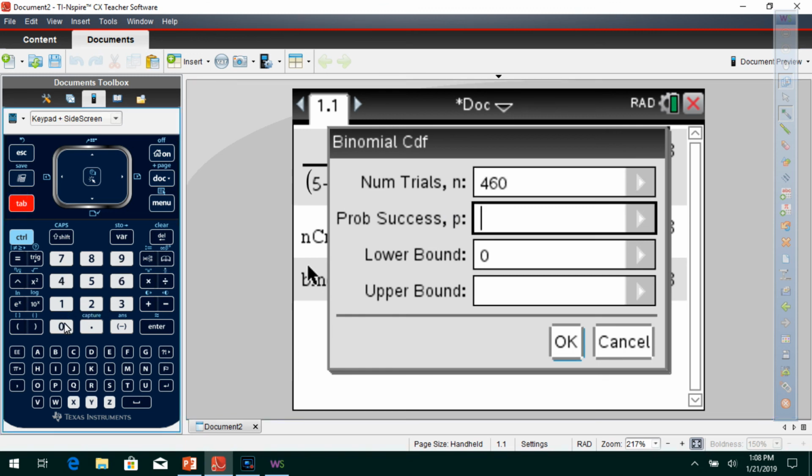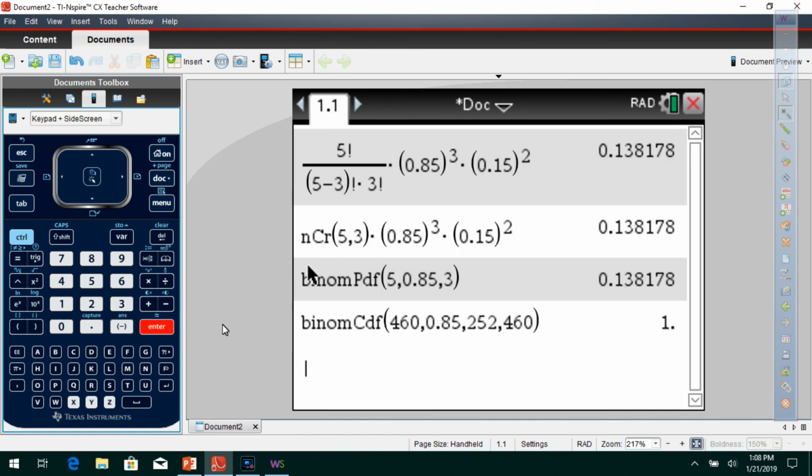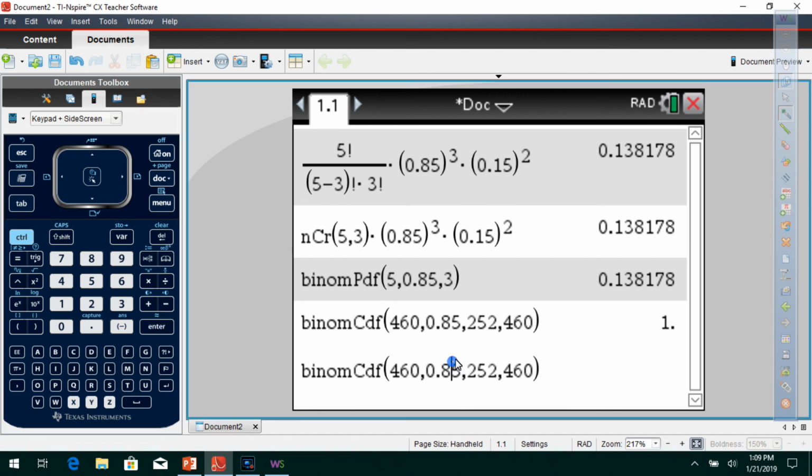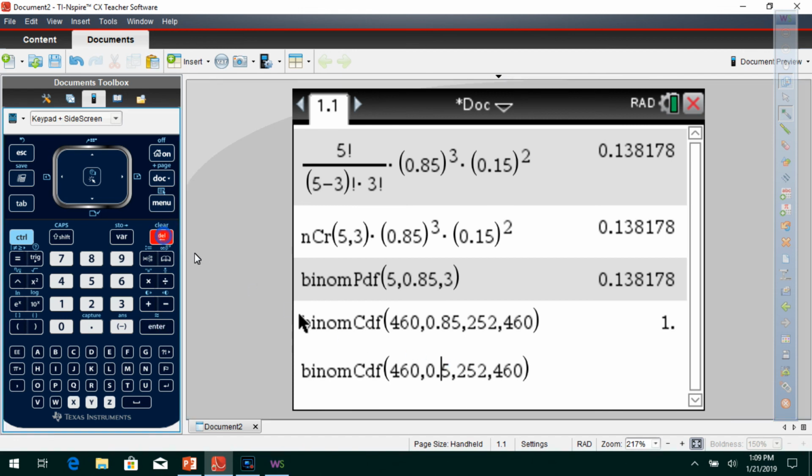Probability of success, 0.85. The lower bound, 252. The upper bound, 460. And that gave, oh, no, it wasn't 0.85. I got that confused with the other. It's 0.5 because heads is one, tails is the other.